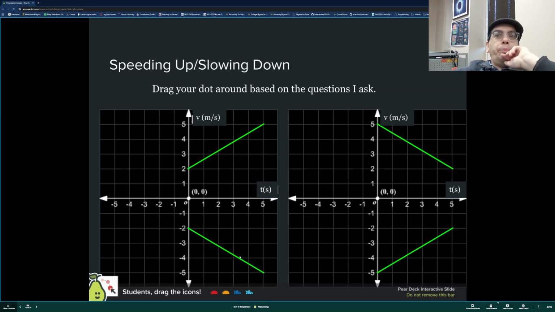We look at the slope, so it's negative. So this one has positive acceleration and positive velocity, and it's speeding up. This one has negative velocity and negative acceleration, and it's also speeding up.